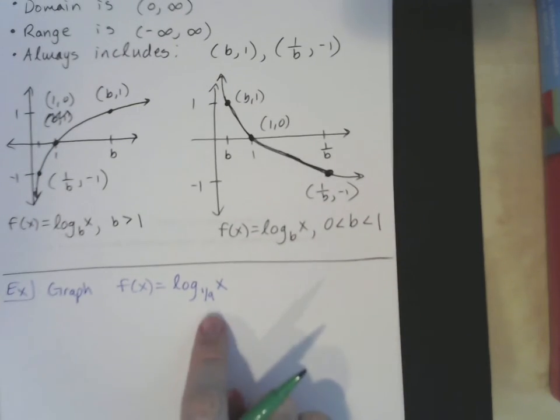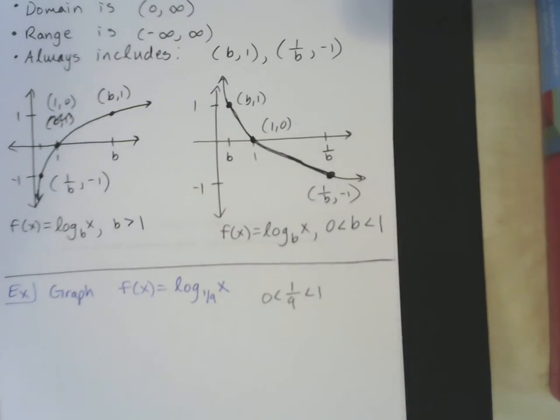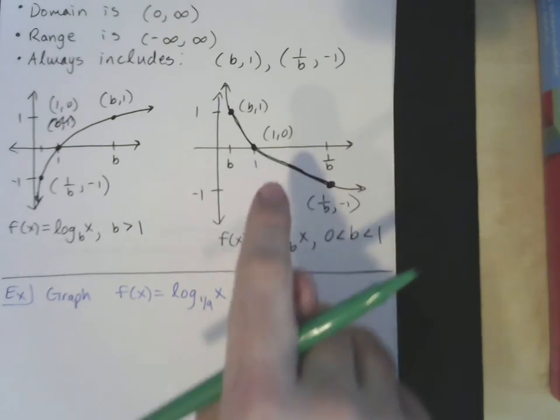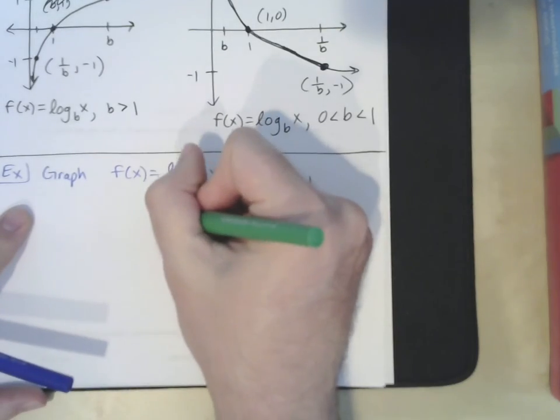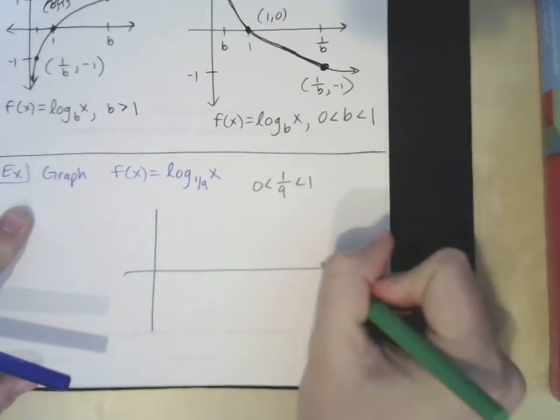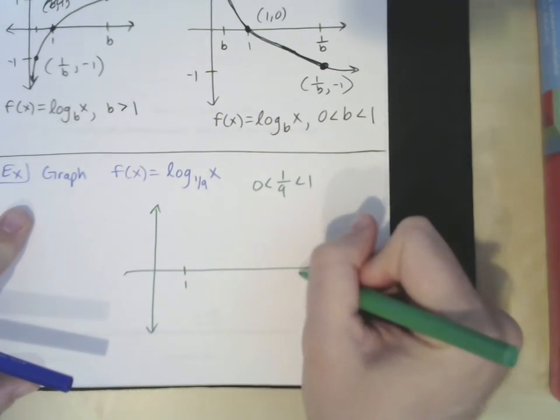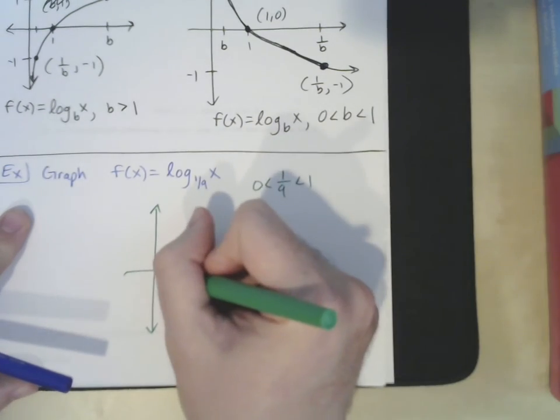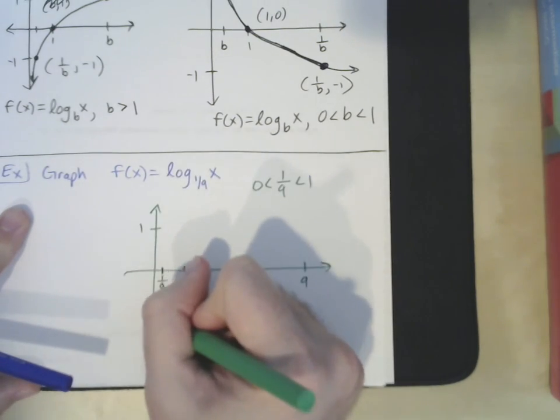Well, our b is between 0 and 1. So we're going to be in this situation. So when I set up my axes, I'm going to have 1. Now here I'll put 9. And that means in here is 1/9. This will be 1 and negative 1.